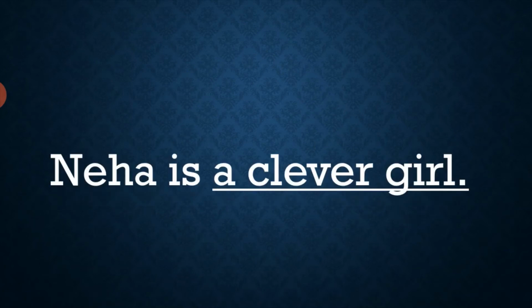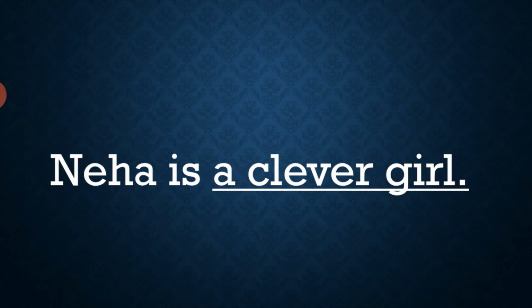Okay, let's go to one more sentence, that is Neha is a clever girl. Now what happens in this sentence? The subject is the same, okay, but not only one word is underlined, there is a group of words underlined, which means it is a phrase. Okay, why is it a phrase? Because number one, it is a group of words.